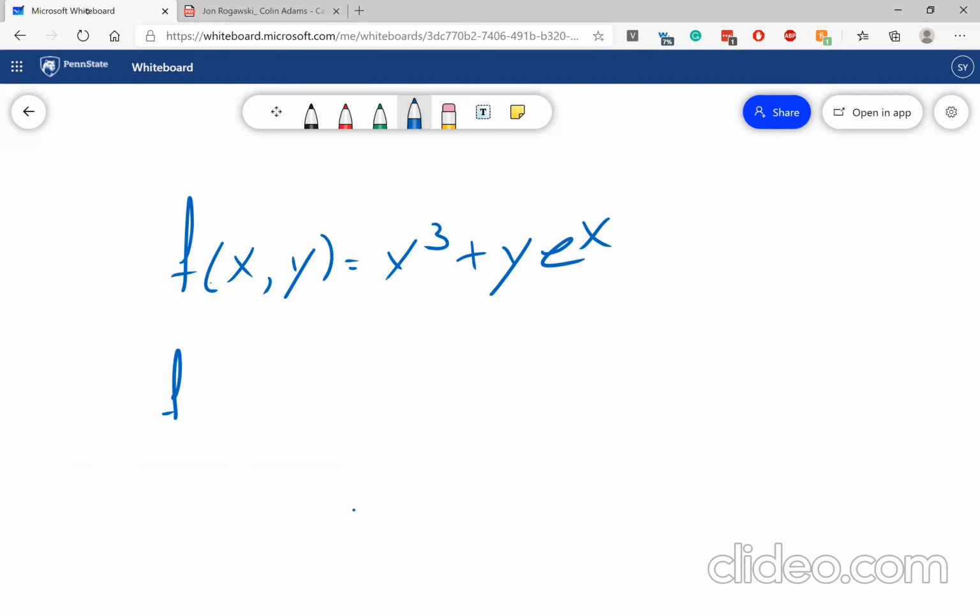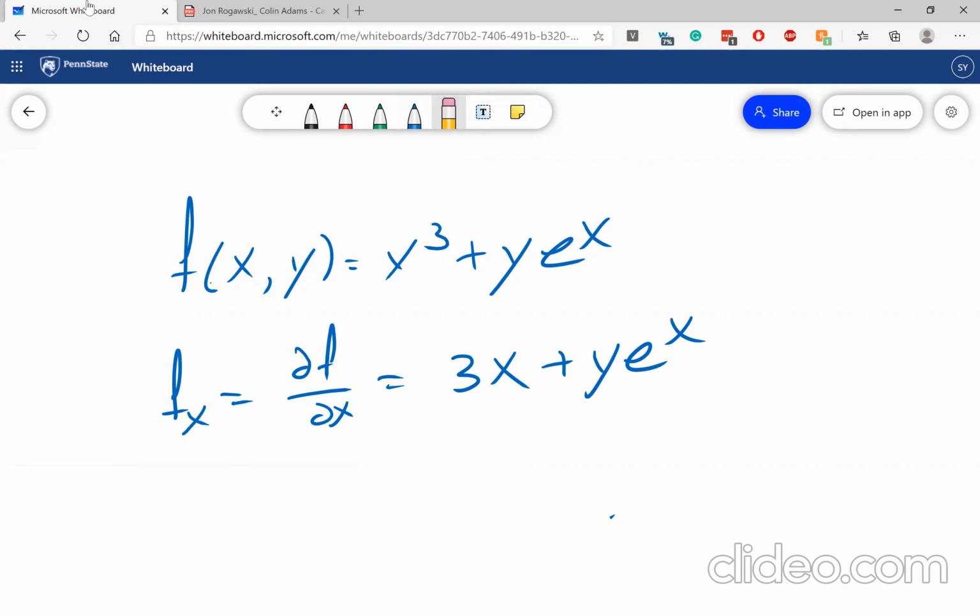So first we have to look at the partial of f with respect to x, which is equal to 3x squared plus y squared e to the x. Okay, now the partial of f with respect to y, that's going to be just 2y e to the x. Yeah, because this is a constant, the y disappears.